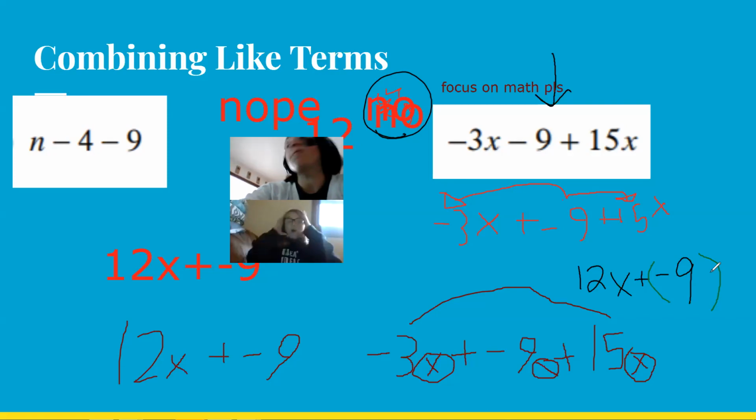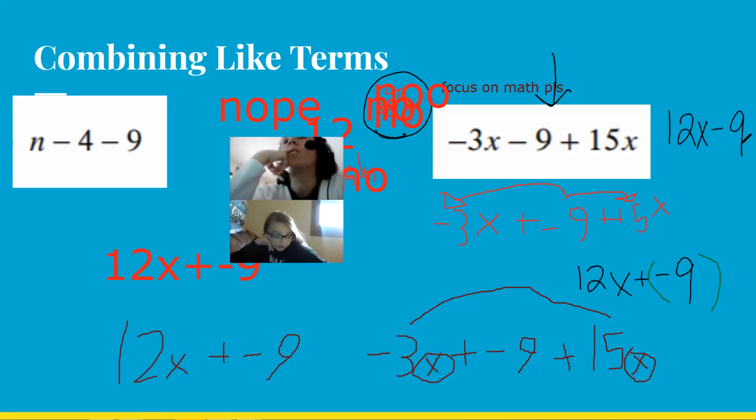You don't have to, though. If you don't like writing it that way, you could change it back to 12x minus 9. So note, if someone legitimately has a question, please ask. You can type it, you can write it, but let's not write over someone's question if they legitimately have one.